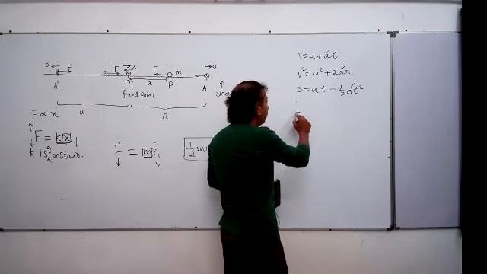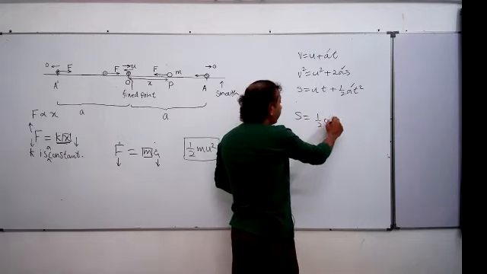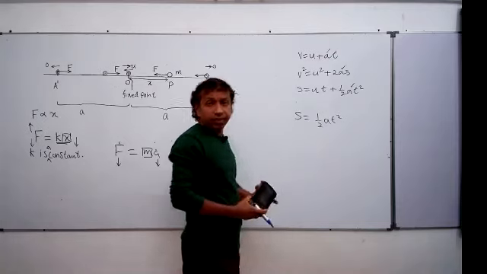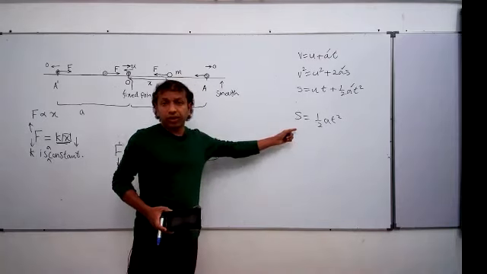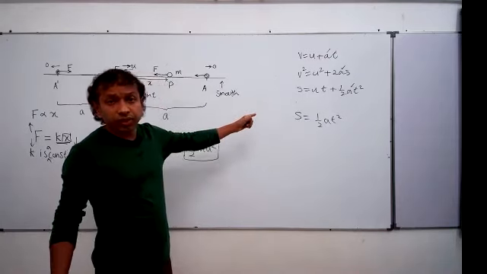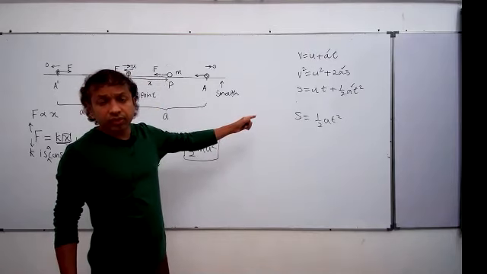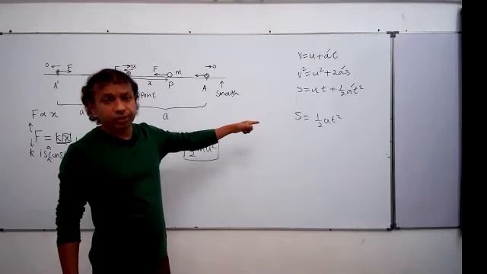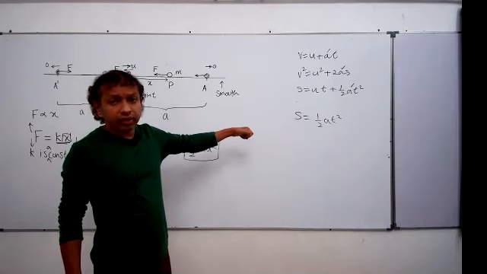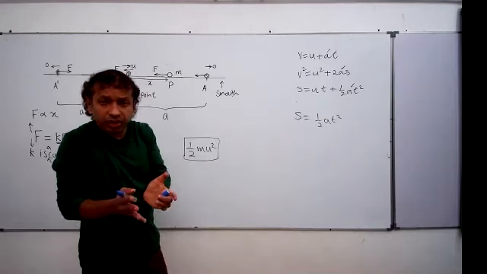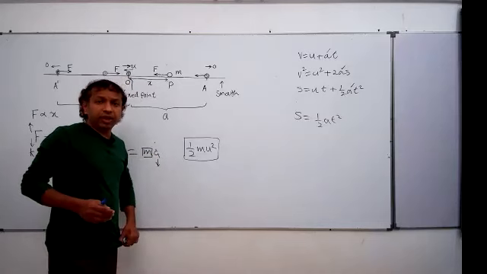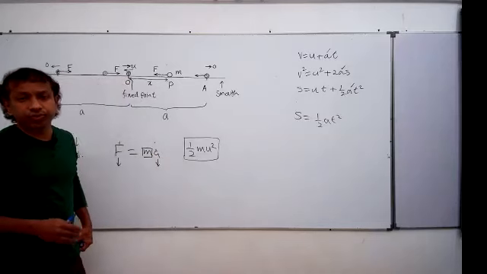Whenever you see this kind of equation, you can easily say this is an equation of a particle started from 0 velocity. Like that, by looking at the equation, we can get an idea about the motion.